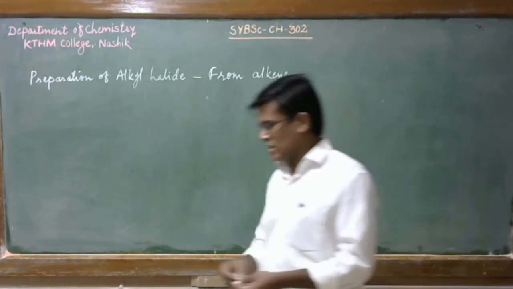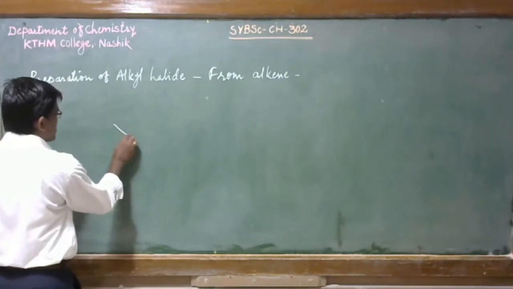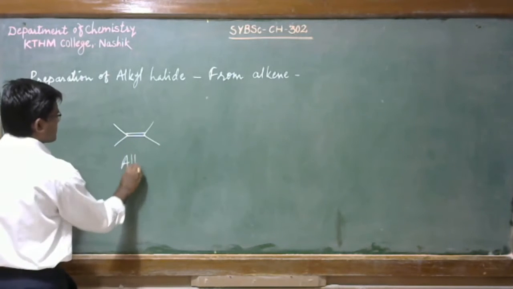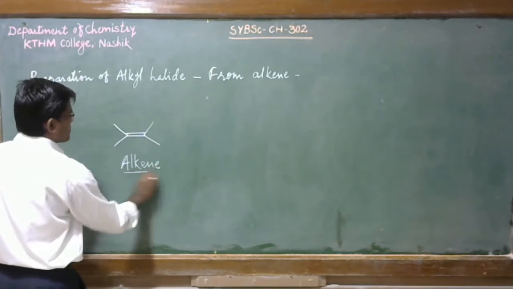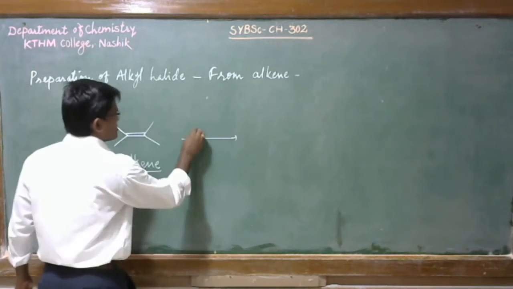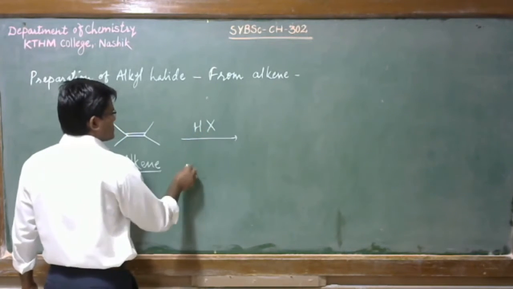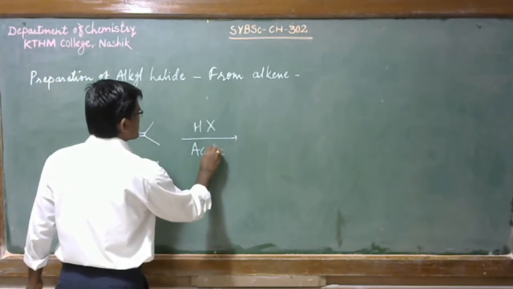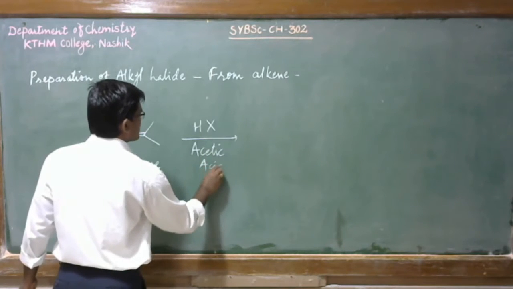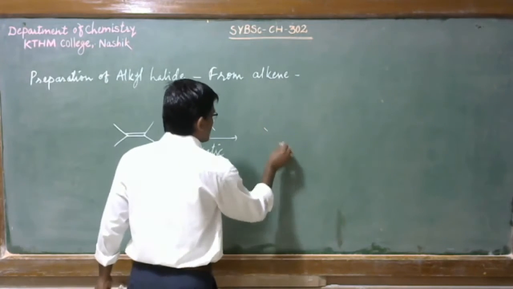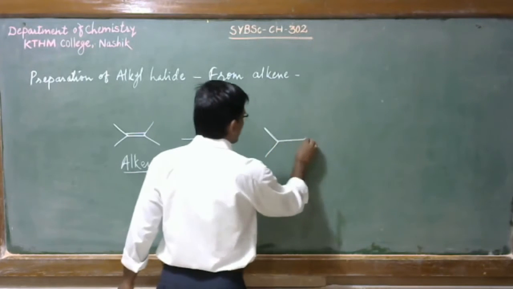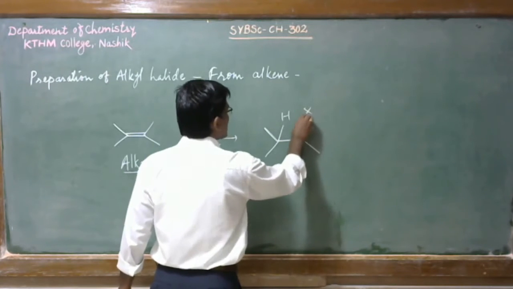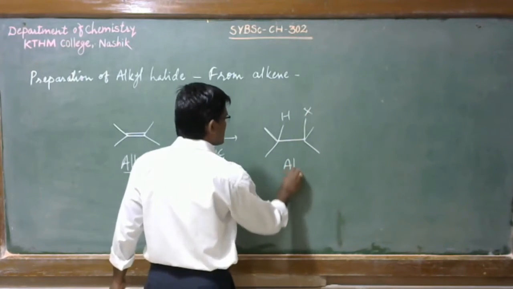Let us have its example. Suppose we have this alkene. When we treat it with hydrogen halide in the presence of acetic acid, it gives this alkyl halide.